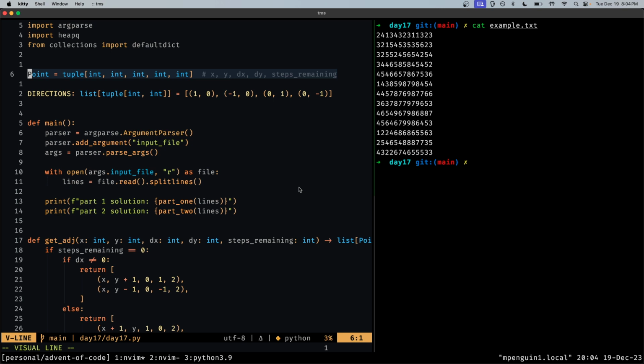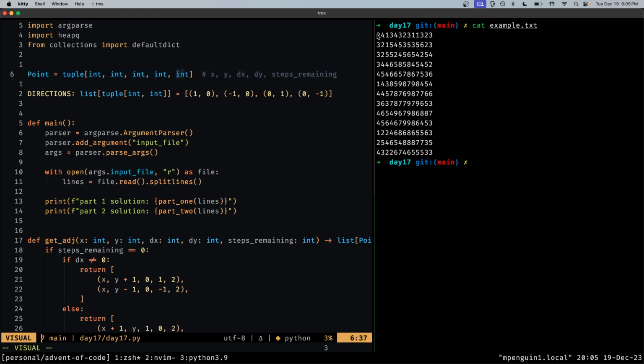Since we can't go more than 3 steps in a row in each direction, we have to keep track at each node in the graph that we're searching over of not only the position, but the direction and the steps remaining. The fifth element is the steps remaining.